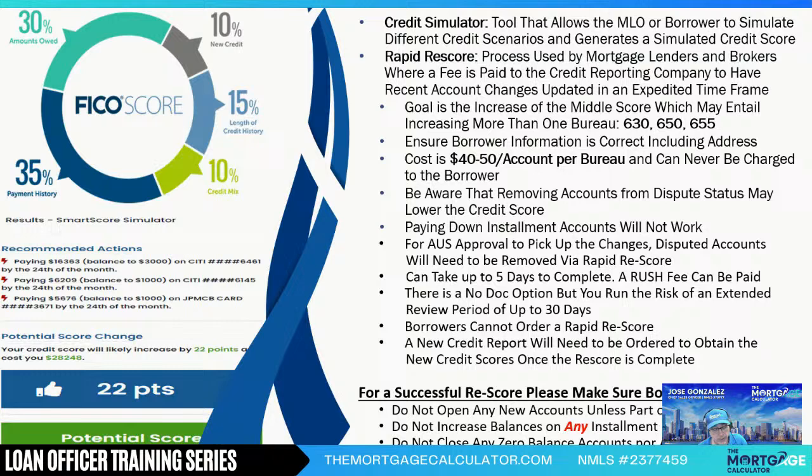Now, be aware there is a no doc option, right? That sounds enticing. You don't need the letter, any document or documentation from the borrower, but then do be aware of the risk that if you embark on the no doc option and it's not readily accepted by the account servicer, by the creditor, since there is not any documentation provided, then you run the risk of an extended review period of up to 30 days.